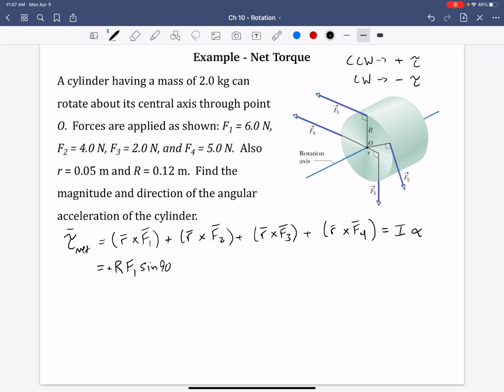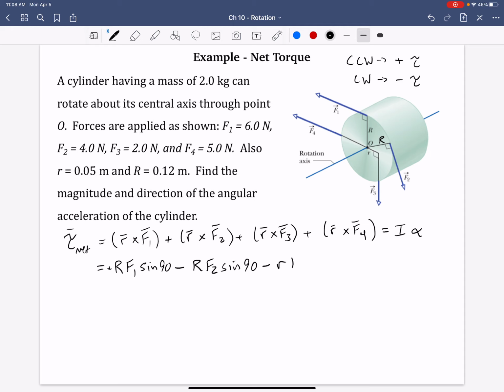For the second term, F2 would rotate it clockwise if it were the only force, so that's a negative. The magnitude of R is capital R, and F2, and then sine of the angle in between those two, again, is 90. Now for force 3, it would be a negative torque, rotating it clockwise.